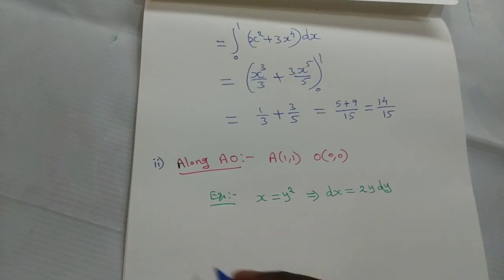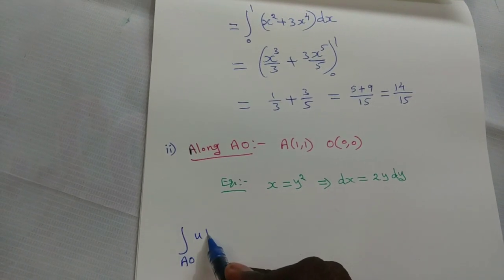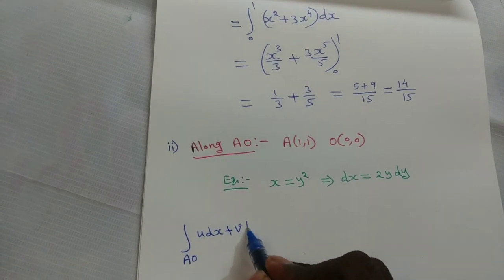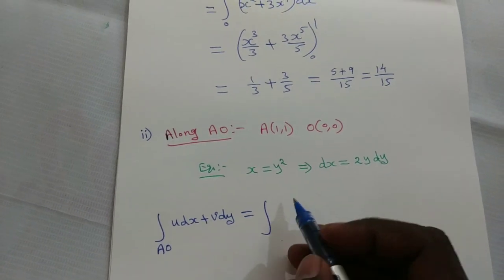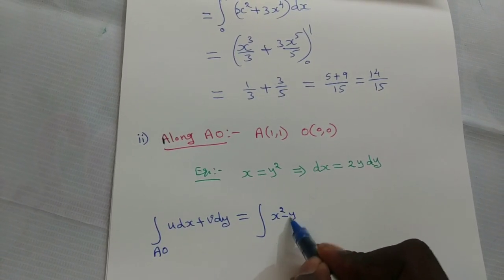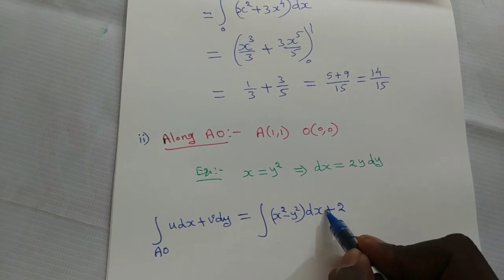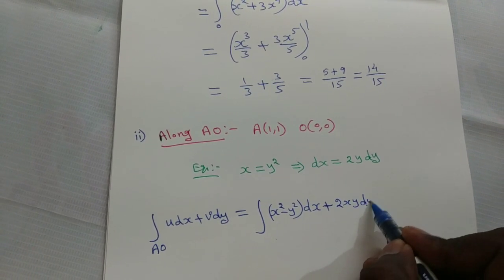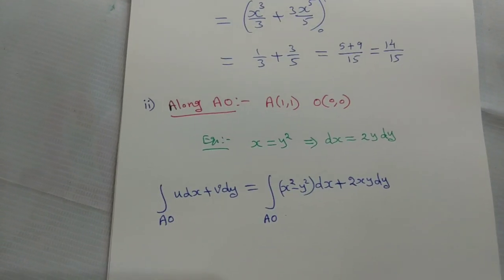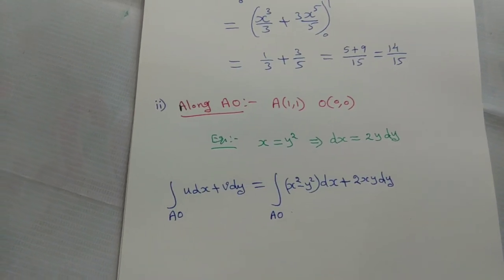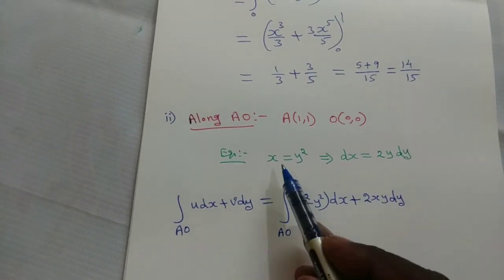Now I am going to find the integral over AO of u dx plus v dy, which is the integral of (x square minus y square) dx plus 2xy dy. This is also along AO. Again I want to convert into a single variable, either x or y.